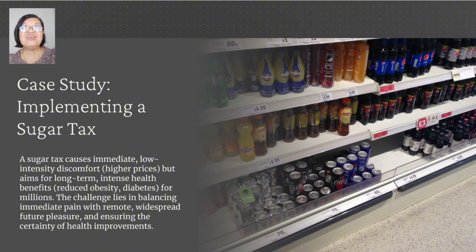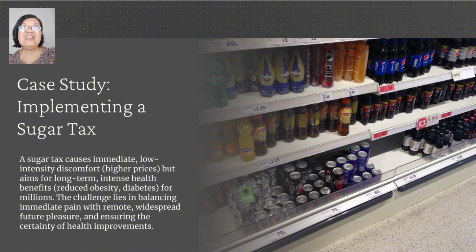So a sugar tax causes immediate low-intensity discomfort because of higher prices of commodities, but aims for long-term intense health benefits because this will reduce obesity and diabetes cases. The challenge lies in balancing immediate pain with remote, widespread future pleasures and ensuring the certainty of the improvement of health of the constituents.